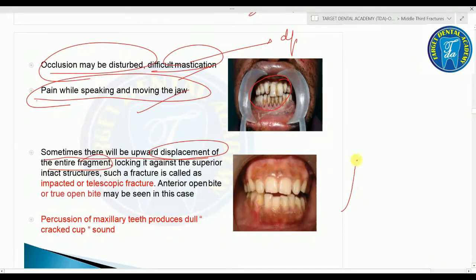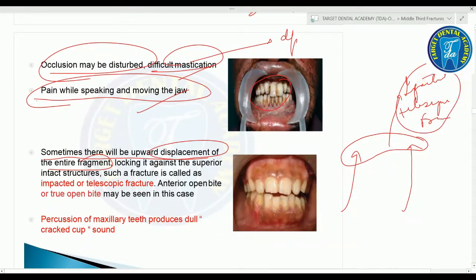Sometimes there will be an upward displacement of the entire fragment, which gets locked against the superior intact structure. Such a fracture is called an impacted or telescopic fracture. In this you can see an anterior open bite, or the true open bite.